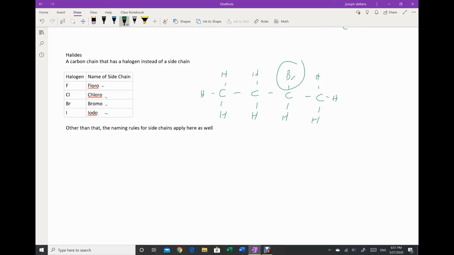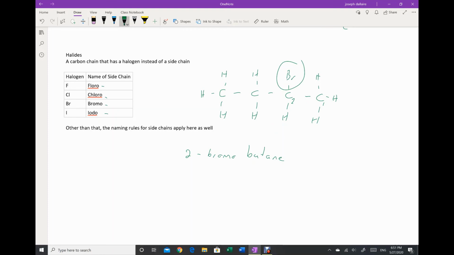So this, for example, with its 4-carbon chain, would be butane. And representing its bromine, which you might want to put on 3, but if you go from the right-hand side, it's really on 2. That's the lowest we can get that number. So this would be 2-bromobutane.